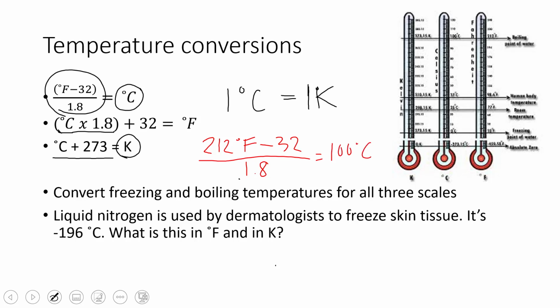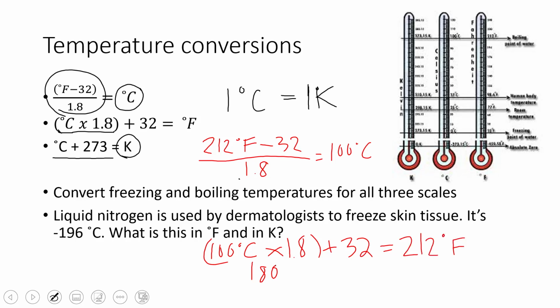And the other way around, if I took 100 degrees Celsius times 1.8, would give me 180, and then add 32, so 180 plus 32 would give me 212 Fahrenheit.